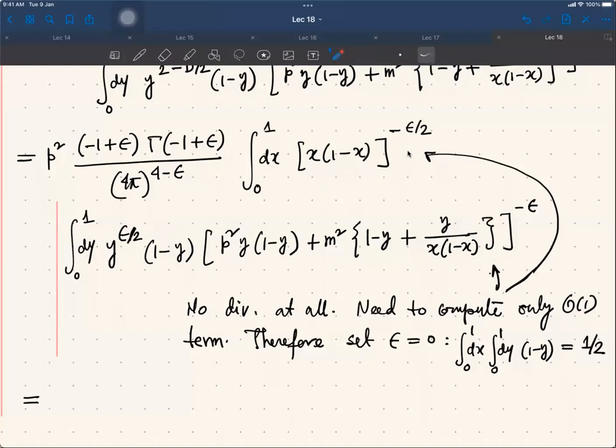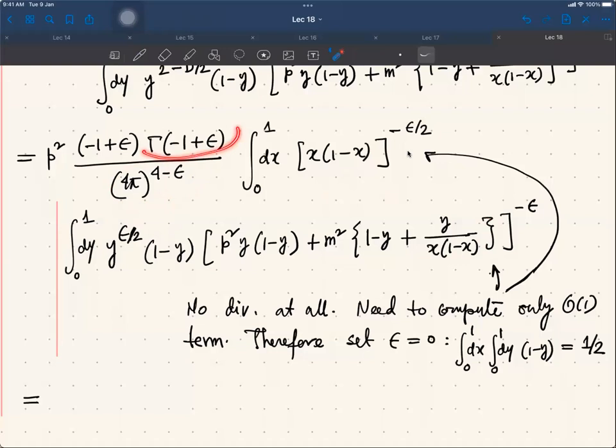Now, minus 1 plus epsilon times gamma of minus 1 plus epsilon is equal to gamma of epsilon. And the expansion of 4 pi to the power 4 minus epsilon also is finite in the epsilon going to 0 limit.